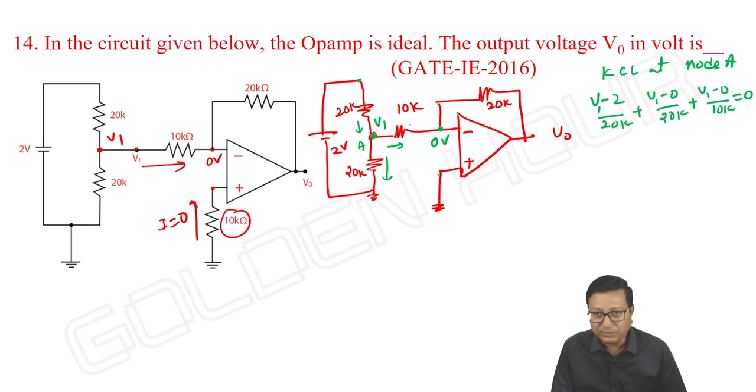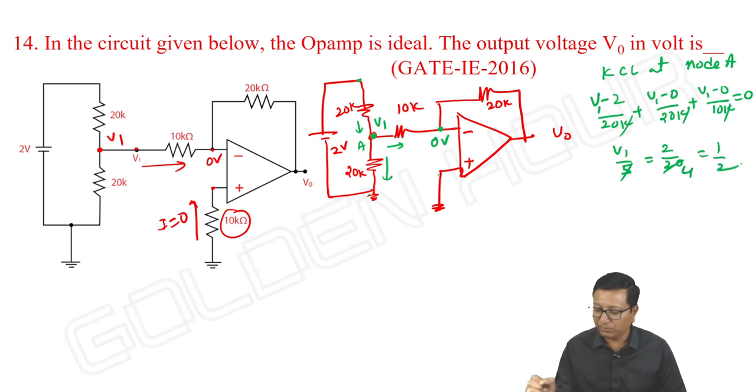The kilo and kilo cancel: V1 by 20 plus V1 by 20 is V1 by 10, plus V1 by 10 is V1 by 5. V1 by 5 is equal to 2 by 20, so V1 is equal to 1 by 2 volts.